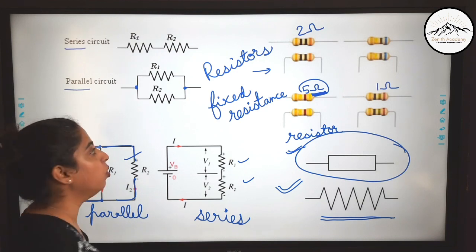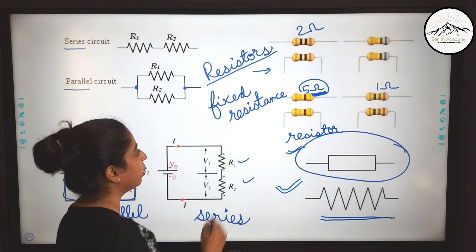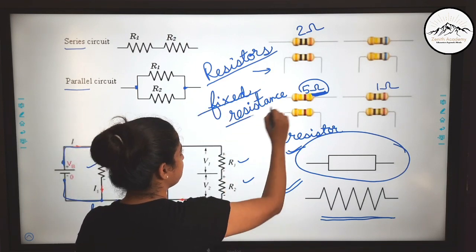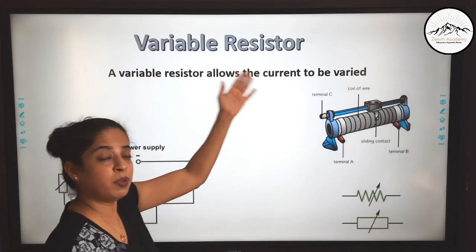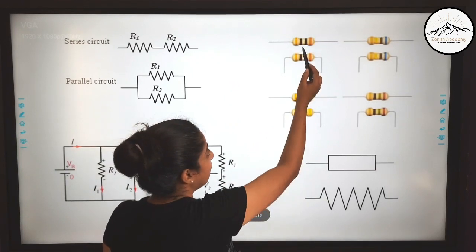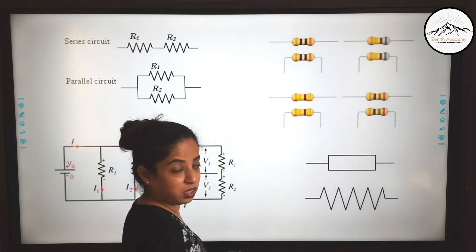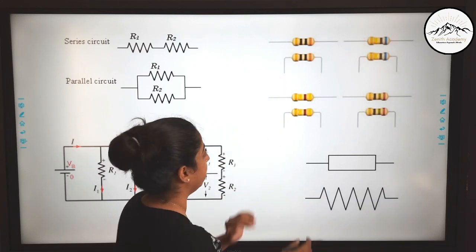Right now you should know what resistors are. They offer obstruction to the flow of current and they give fixed resistances. Now there's something known as variable resistors also. In the earlier diagram we saw that these all are fixed resistors. They give a resistance of say 2 ohm or 5 ohm, whatever it is.